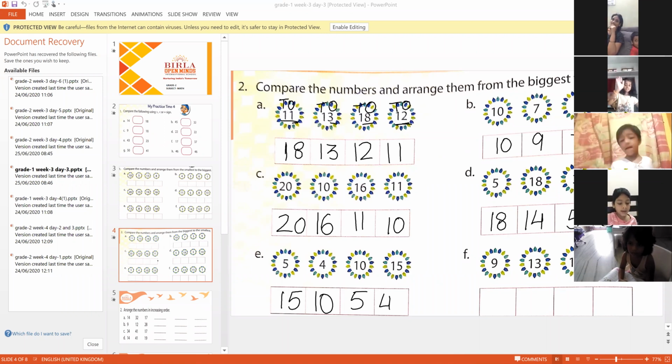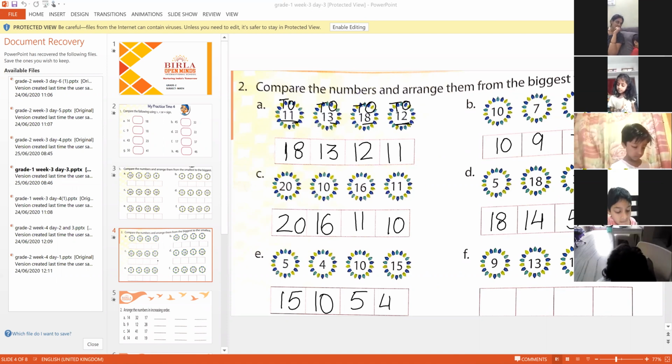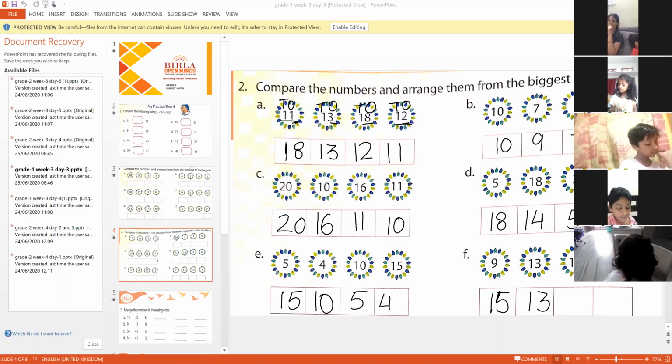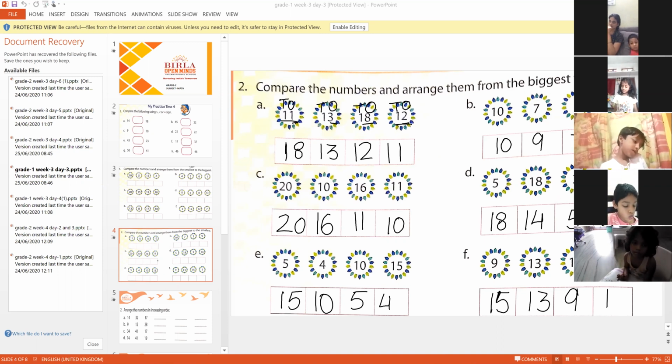Yes, Bhanu, tell me which is the biggest number? 9, 13, 15 or 11? 15. Then, after 15, which is the biggest number? 13. Very good. Then? 9. Then? 1. Very good. Children, those who have completed, please check your answers.